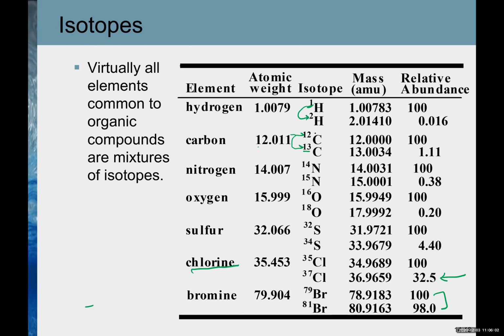There are only 3 isotopes where the mass is greater by 2 AMU. One of them is oxygen. So normal oxygen is 16, heavier is 18. The other one is sulfur. So 32 normal, heavier one is 34. Sorry, 4 of them. Then the chlorine, 35 and 37, and bromine, 79 and 81.